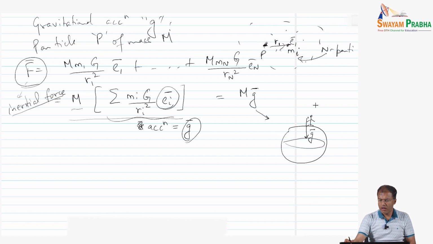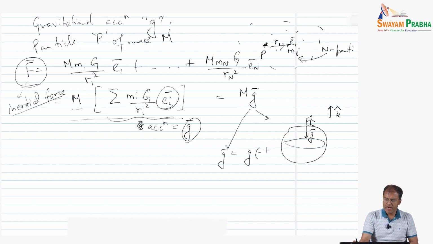So let me call the upward vertical direction my k hat direction or the z direction, and then my g comes out to be g times minus k, right? So it is a downward vertical acceleration vector.